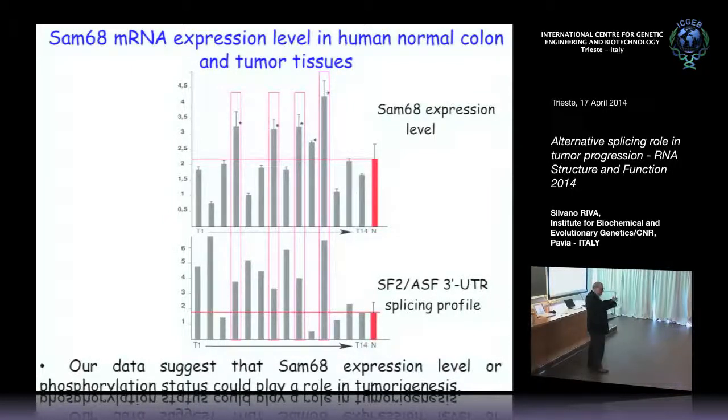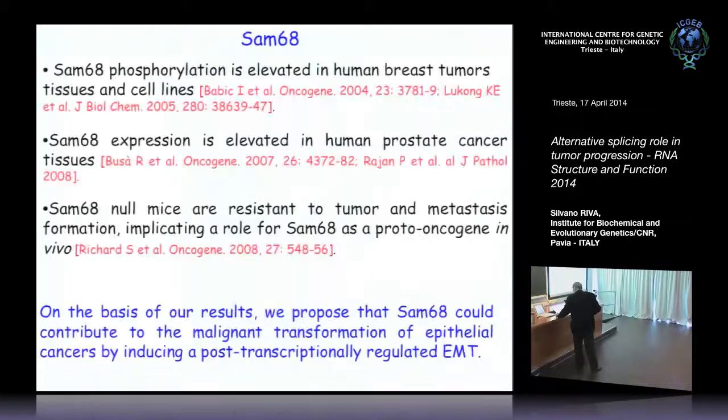But you see the intricacy of the network. SAM68 plays a role in tumorigenesis by affecting SF2 splicing, which in turn affects the splicing of this receptor, delta-ron.